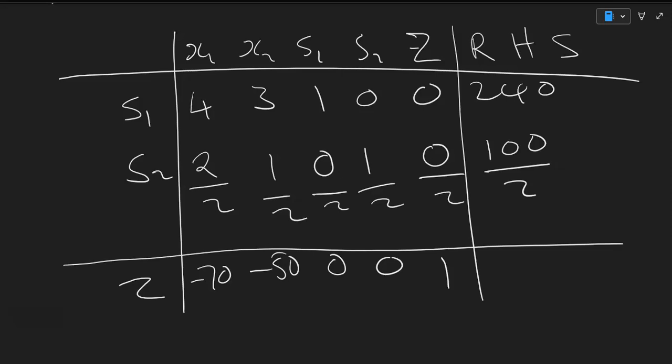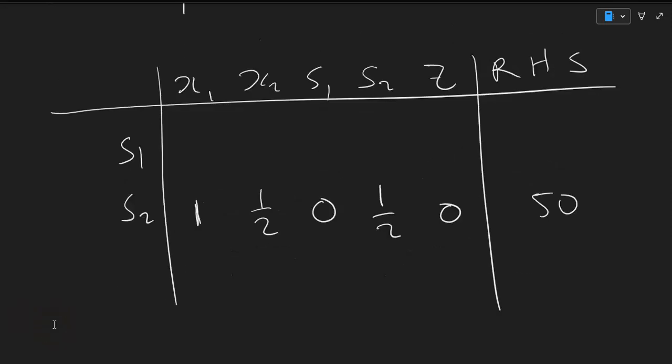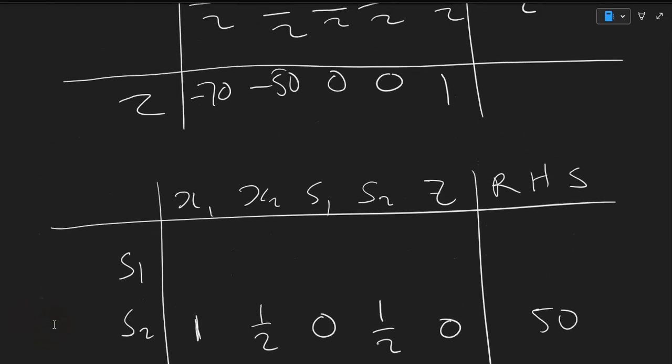You divide everything that is in the pivot row by 2. Then you create another tableau. Okay, so basically that is what you end up having.